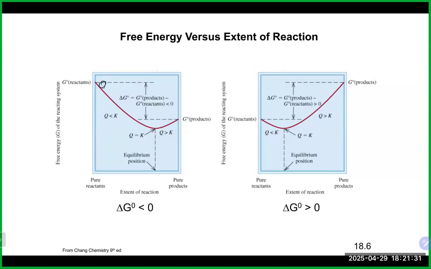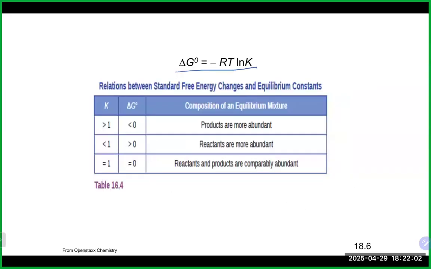That ball is going to roll up the hill, come back, and settle there at equilibrium. Also, if you're on the other side, it's going to roll back down the hill to that lower part. Same idea here: more products, we're going to roll down the hill and eventually settle there at equilibrium.